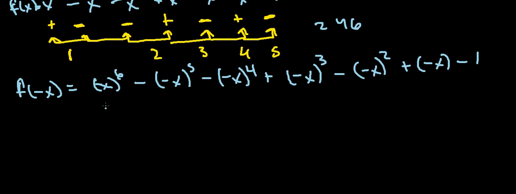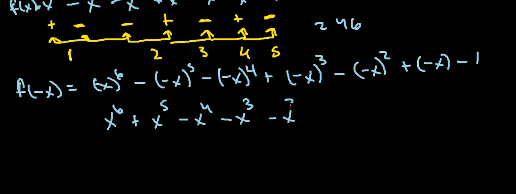So this is an even power, so this is going to be positive. This is an odd power, so it's going to still be negative, so this is going to become positive. This is an even one, so x to the minus 4th. This is an odd one.